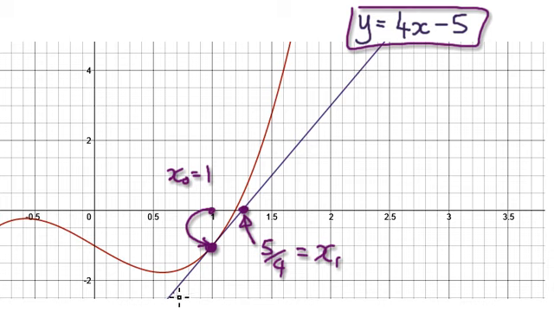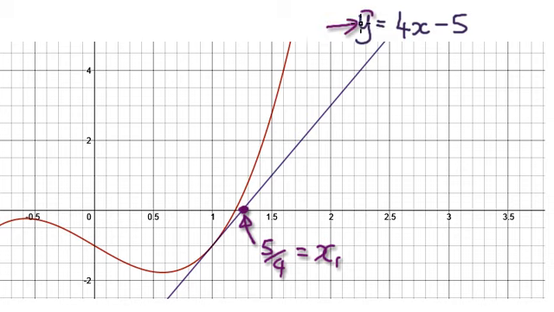Once you've got this whole equation here, you can set y to be 0 and then work backwards to find x. So that will give you this. This point here will be x equals 5 over 4. So this is going to be our next guess, 5 over 4.